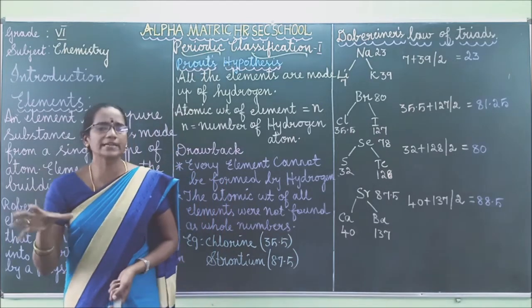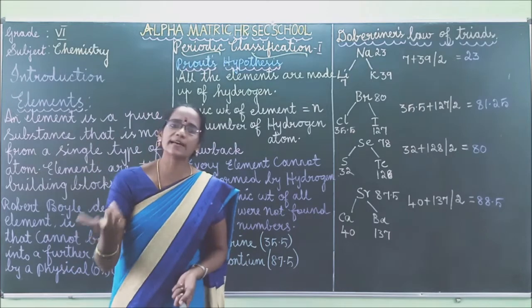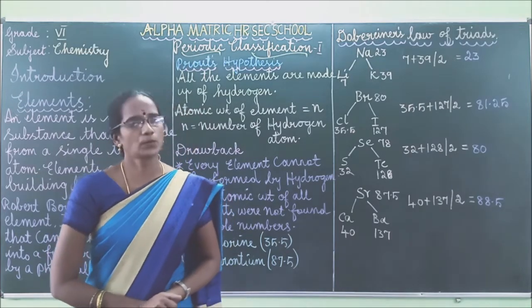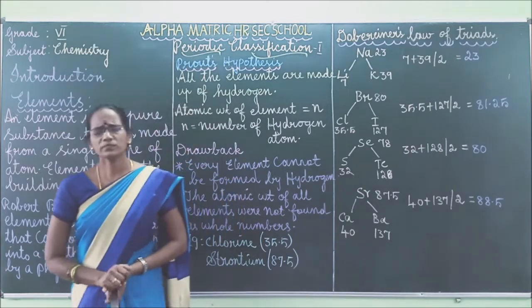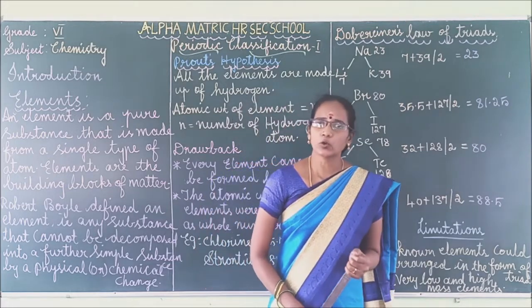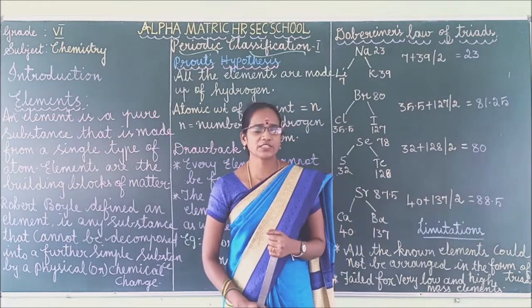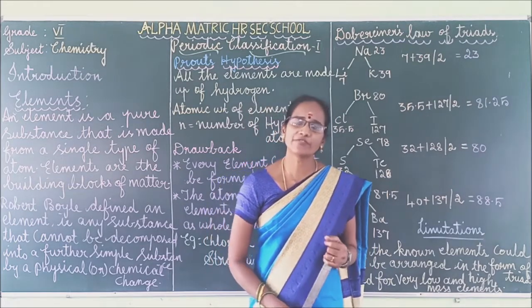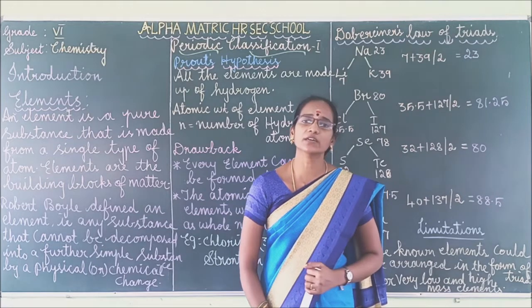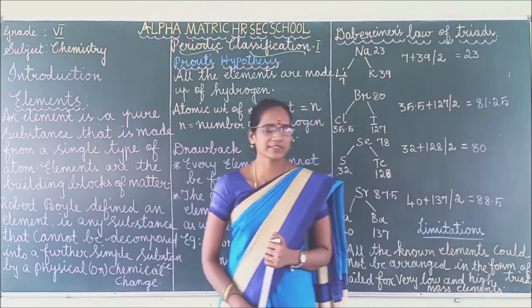According to Döbereiner, in every group, the atomic weight of the middle element was half of the sum of the atomic weights of the remaining 2 elements, right?